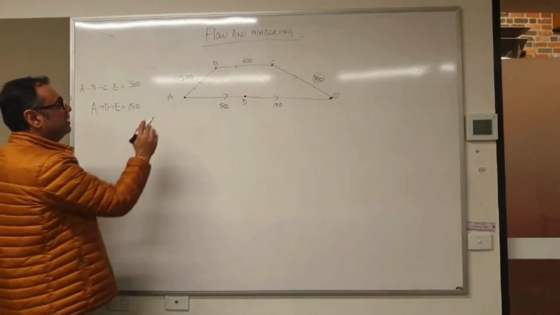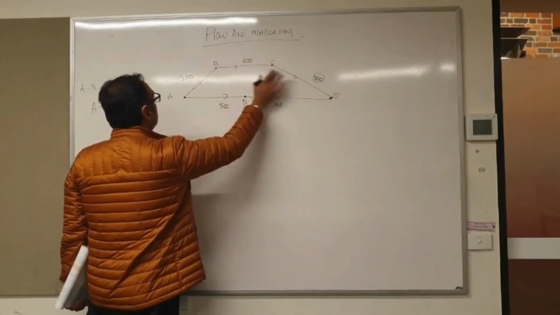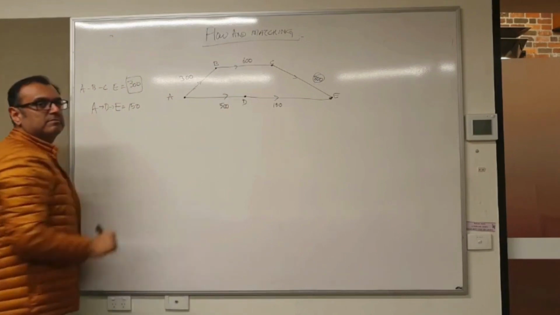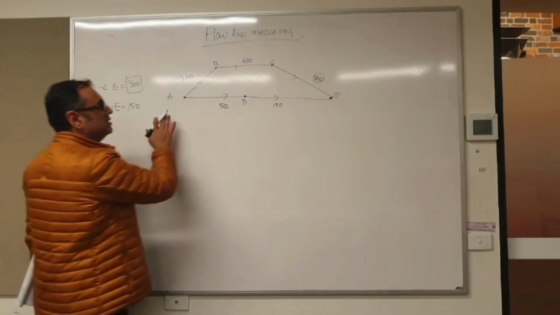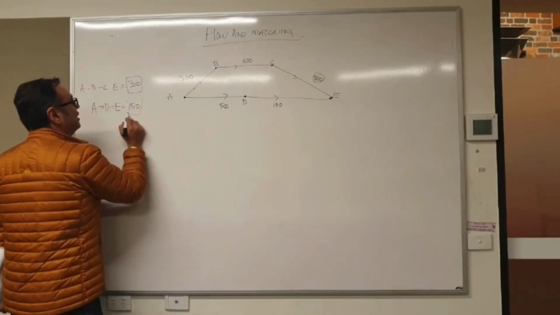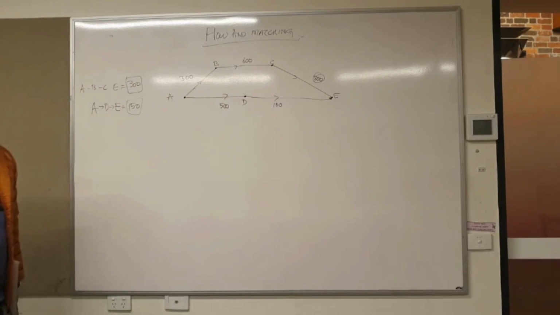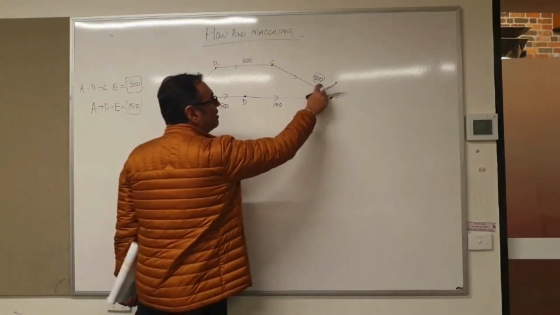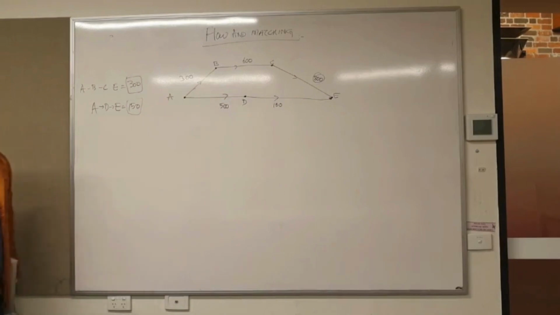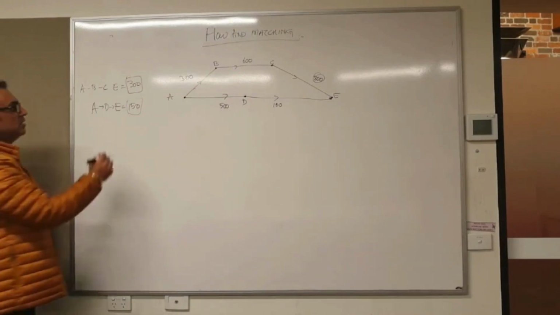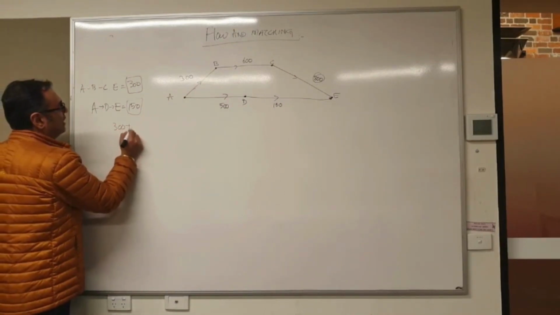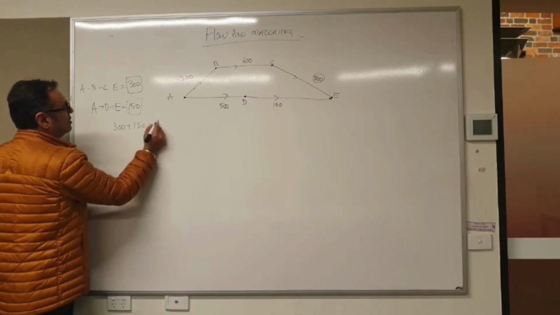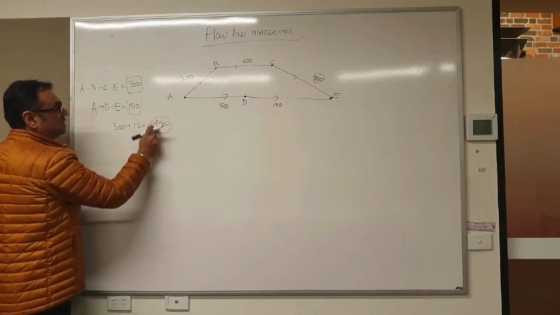This flow is throwing 300. This flow is pushing 150. What's the maximum E can handle? Only E, 800. If I combine all of that, this is 450, still less than 800.